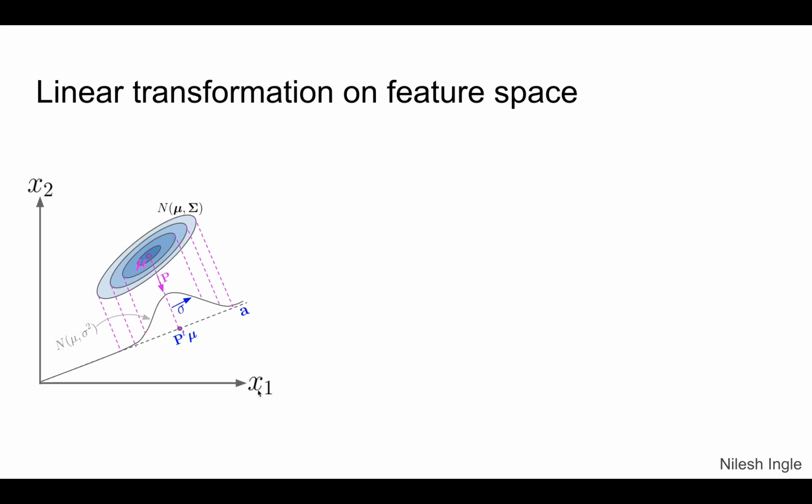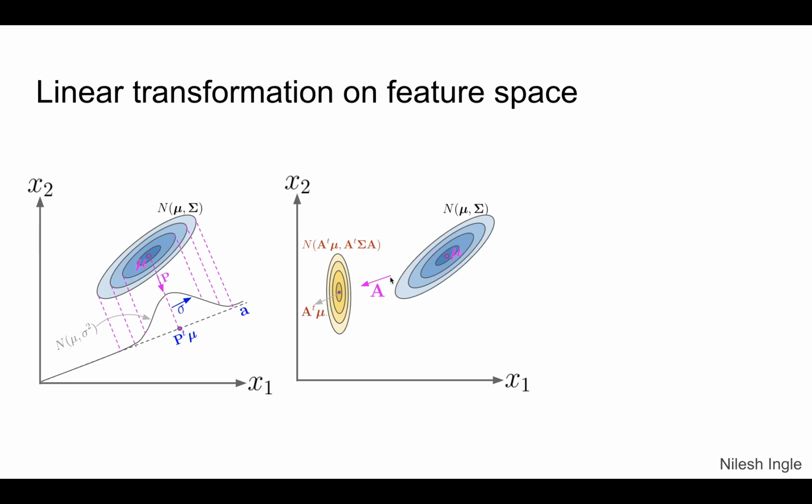where the feature space is x1 and x2 on the x and y axis. Another way to transform is in this way. We can transform this particular distribution to what we have here, which is A transpose mu and A transpose sigma A, and that's what this would look like.